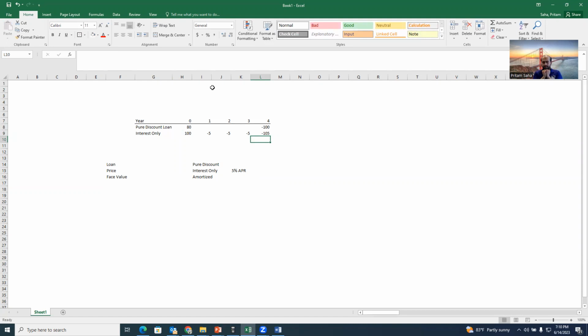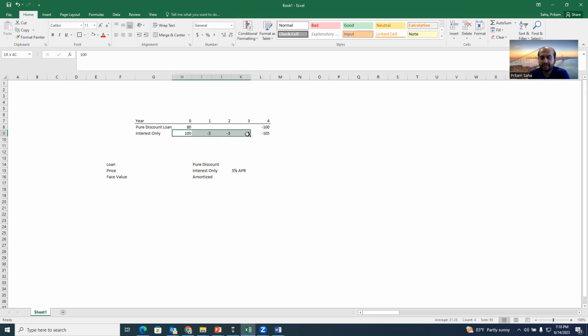Interest only loan. The loan will be given today, full face value. Each period, the borrower will pay interest only, which is 5% on the face value. And then at expiration, interest plus the face value.